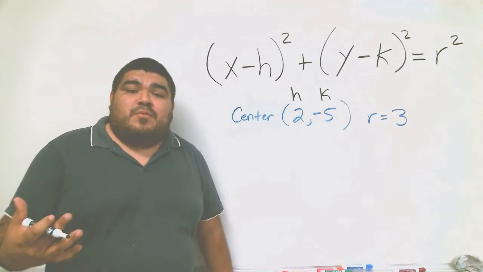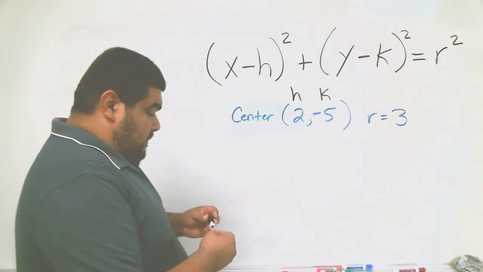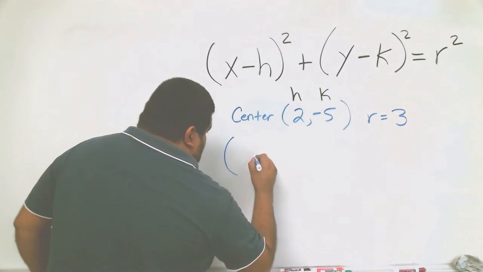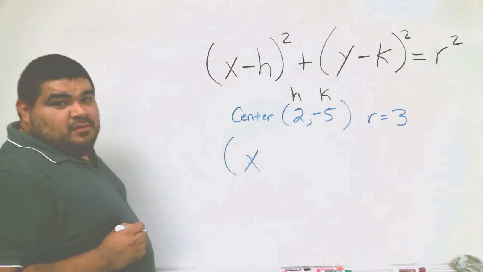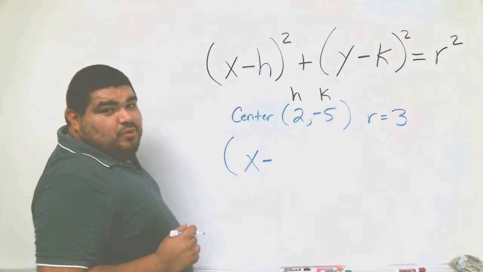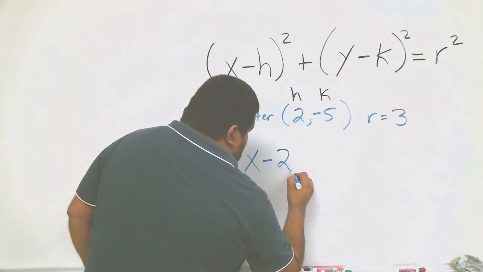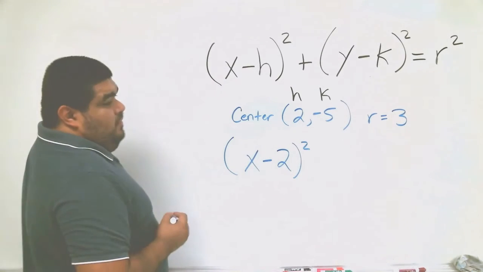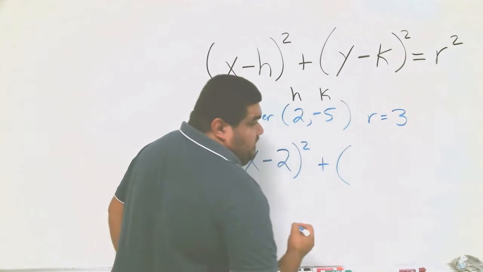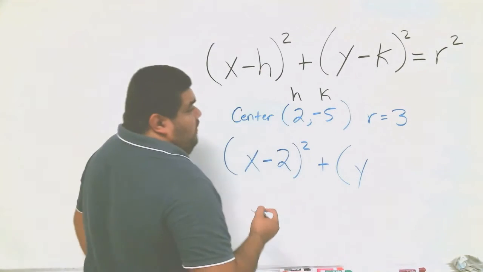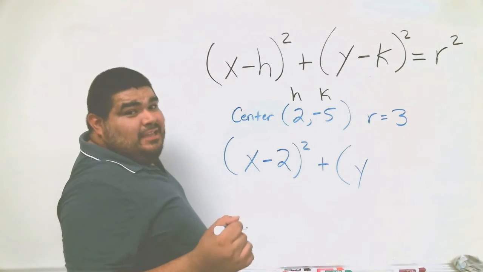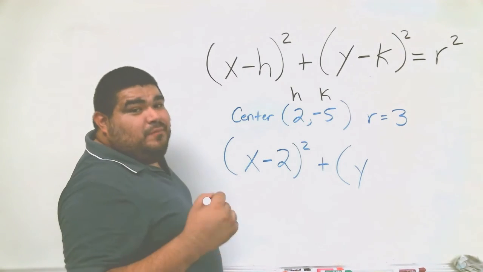Now that we have them, we can actually plug it in. So we can say x minus, remember h is 2, right? 2 squared, plus, then we have our other set, y. Notice that you have a negative from the original equation, and you have a negative from the 5.